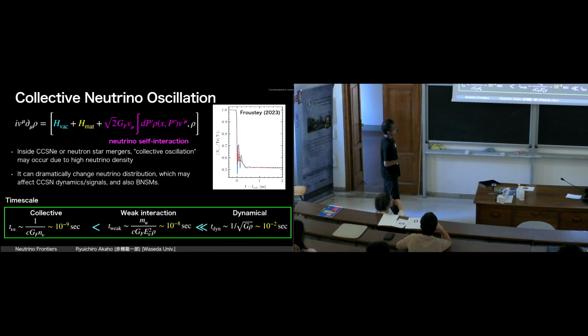But the time scale of the collective neutrino oscillation may be much shorter, which means that the assumption of the absence of collective neutrino oscillation and not taking this effect into account is completely nonsense.